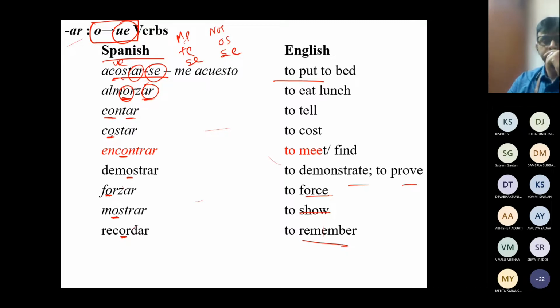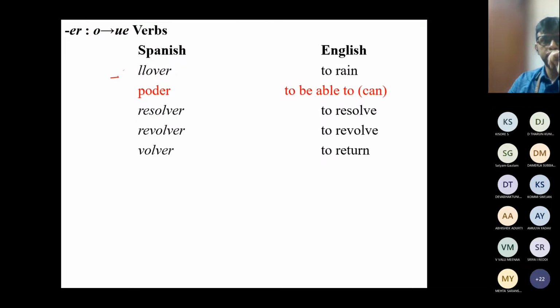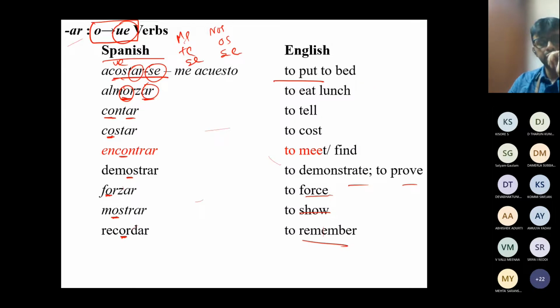Excuse me, sir. Yeah. Sir, in recordar there is an E also there. So will we change it to I or EI? No, that you will not change. I will come to that part also. When you find two vowels in the stem part, what will you do? Okay, I will tell you that. Or maybe I can tell you right now only.